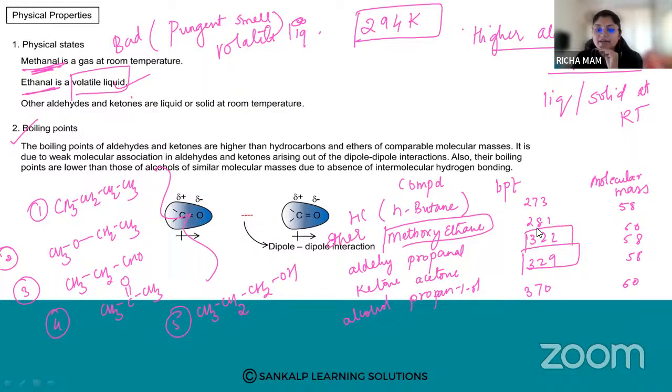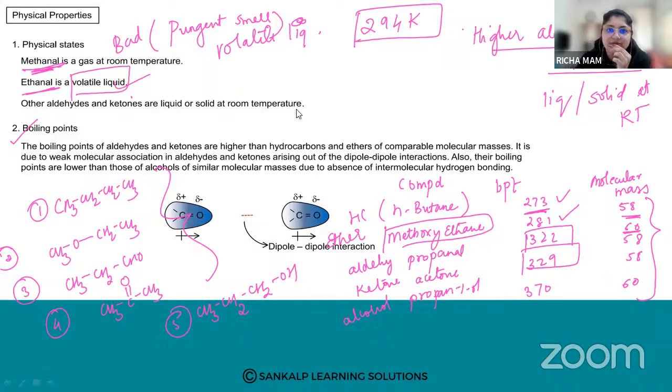When you compare this, you can see that aldehydes and ketones have a higher boiling point as compared to ethers and hydrocarbons, and the molecular masses are almost the same: 58, 60, 58, 58, 60.